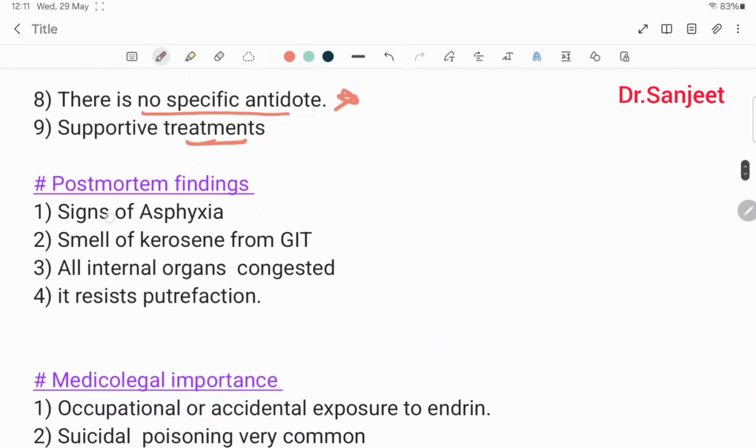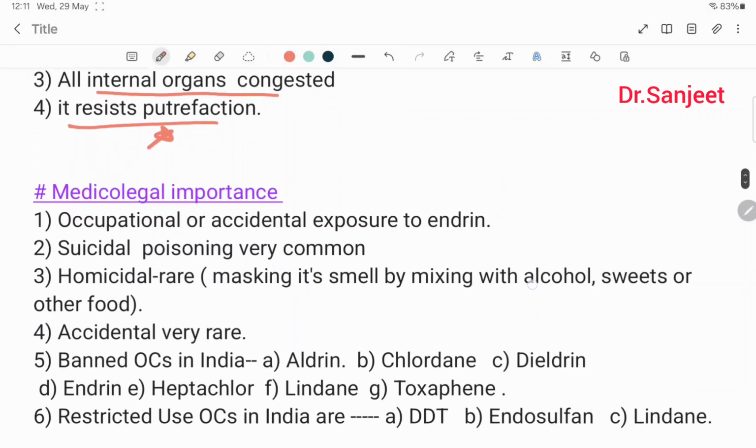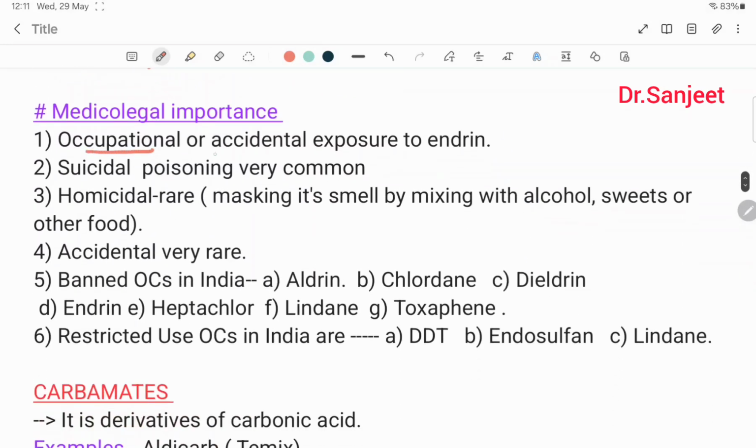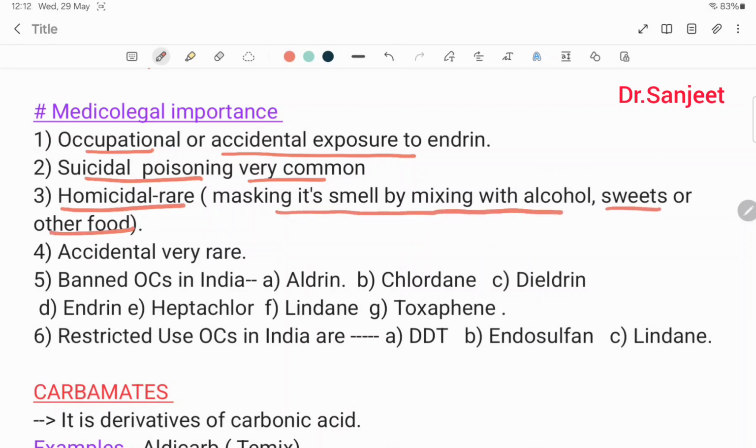Postmortem findings: signs of asphyxia, smell of kerosene from the GIT, all internal organs are congested. It resists putrefaction. Then medical importance: occupational or accidental exposure to endrin, suicidal poisoning very common, homicidal rare, masking its smell by mixing with alcohol, sweets and other food, accidental very rare.